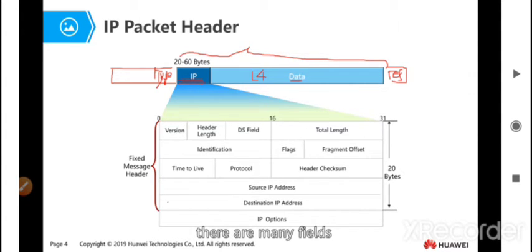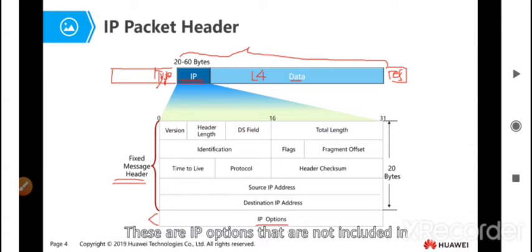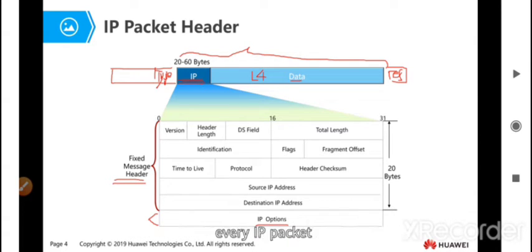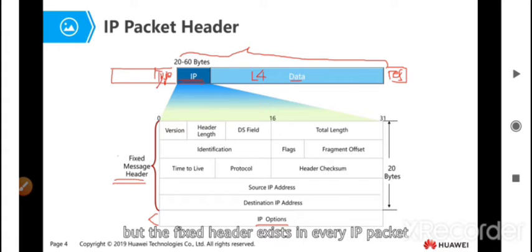And what is contained in the IP header? Of course, there are many fields. We can see the IP header is divided into two parts. First is the fixed header, and the other is variable. The IP options do not exist in each IP packet, but the fixed header exists in each IP packet.